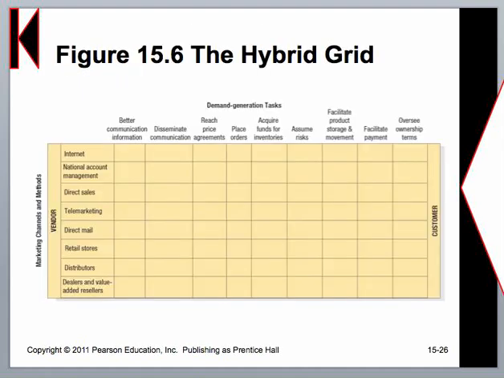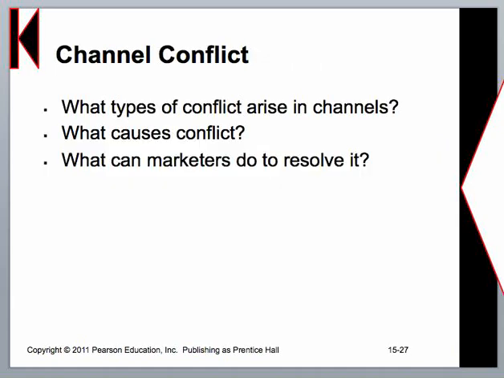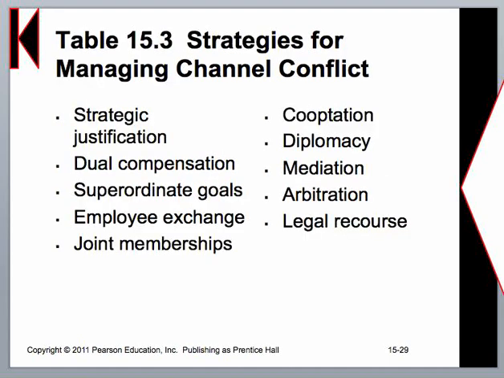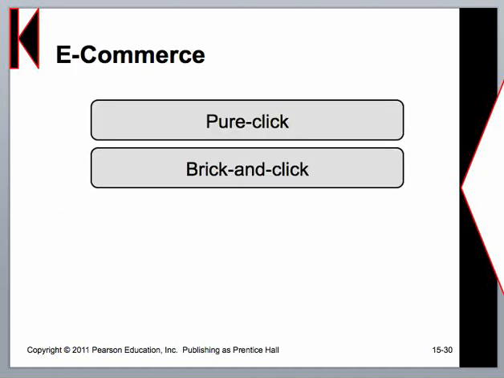There's a little analytical tool. Channel conflict, we talked about that. Money is what they fight over. That's why there are lawyers, business lawyers. That's what happens. Strategies for managing conflict. Legal recourse is probably the last thing you want to do. This is why good contracts are important and to think it through.